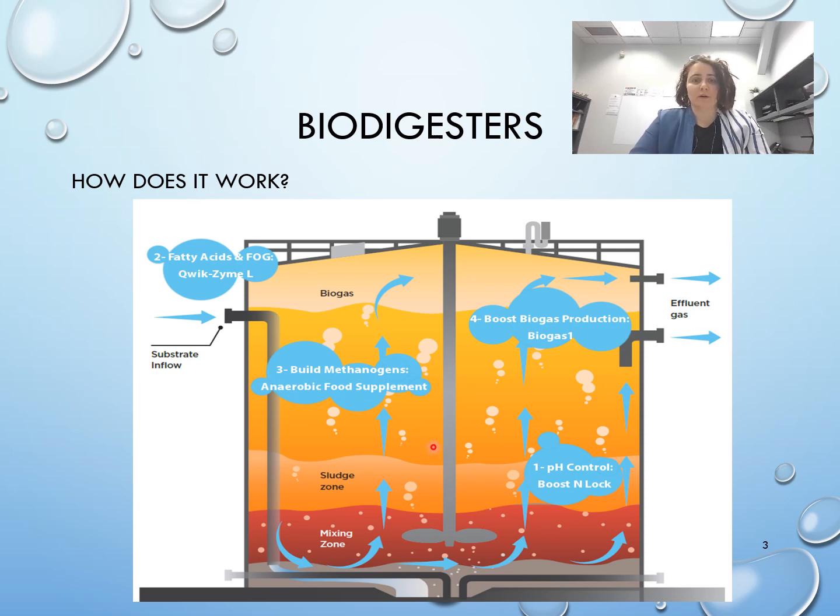So CH4 is what kind of comes out in this biogas. And so the biogas is primarily methane when it comes out of the system, and that can be used for other types of energy production, which is very important. So overall, it's just a tank design like we've seen in the past, where you kind of have this sludge layer and a mixing layer where reactions are occurring, and we're just letting those reactions occur naturally at ideal temperatures and pHs that are important for these reactions.